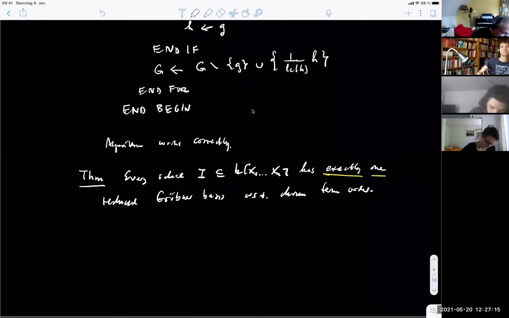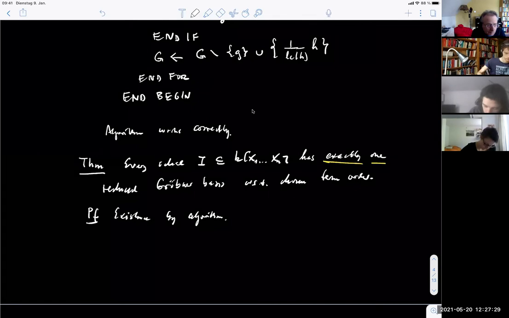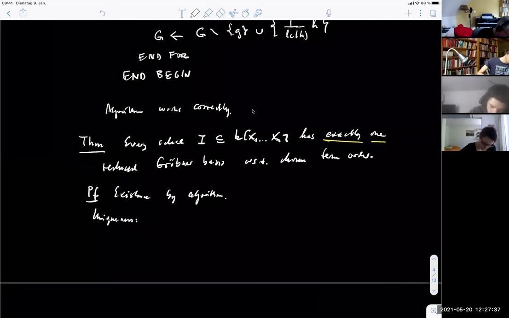Okay, let's prove it. So the existence follows via algorithm. The algorithm shows existence, so it's all about the uniqueness. So let's prove the uniqueness.